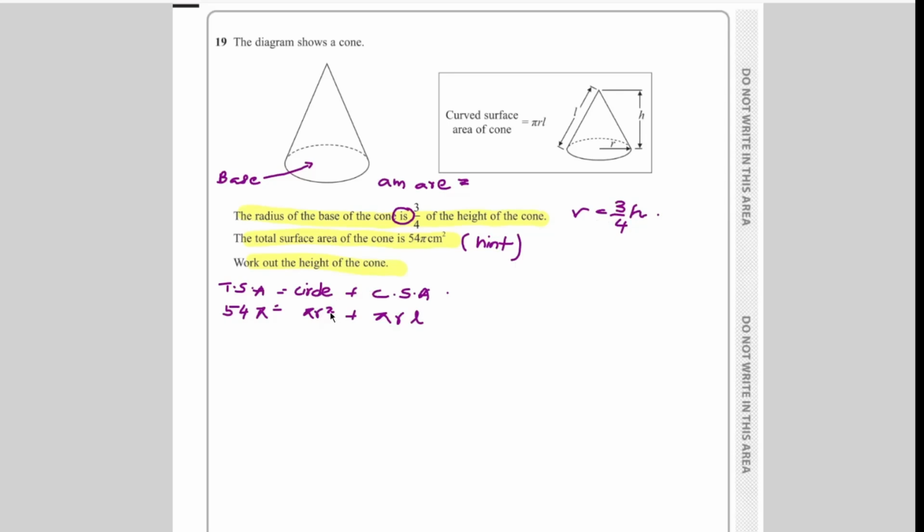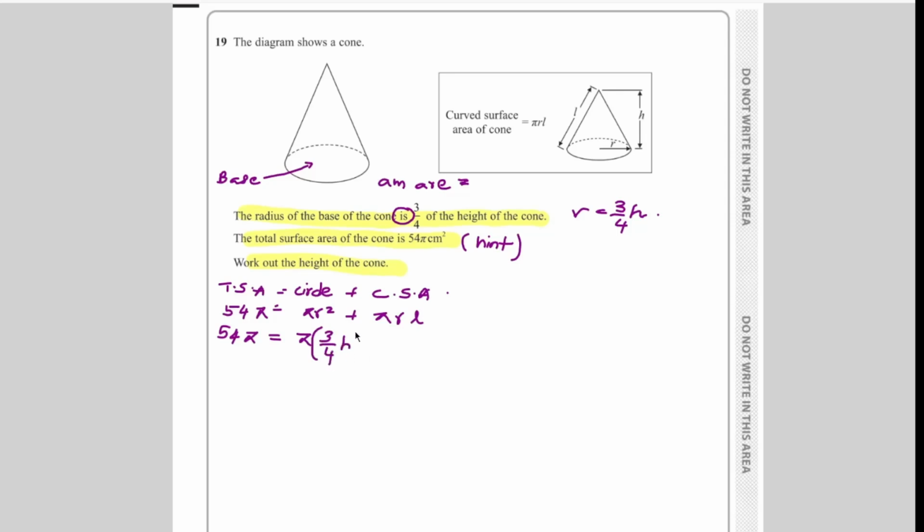So I'm going to input what r is here. So 54π equals π. Now I don't write r there. I got what r is in terms of h.